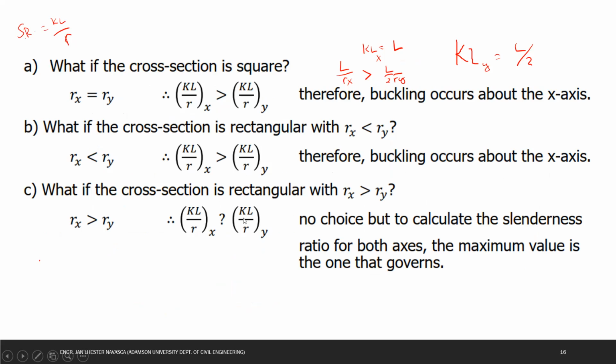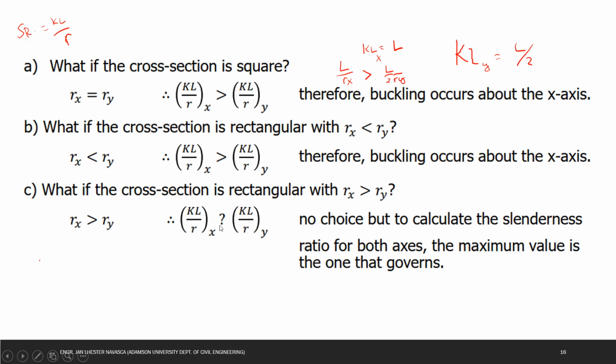Then what if the cross-section is rectangular with Rx greater than Ry? Okay, Rx is greater than Ry. So we have no choice but to calculate the slenderness ratio for both axes. So the maximum value is the one that governs.